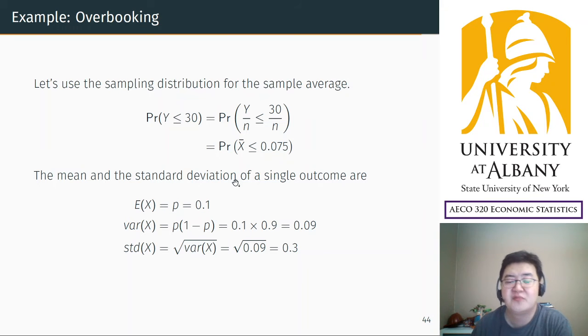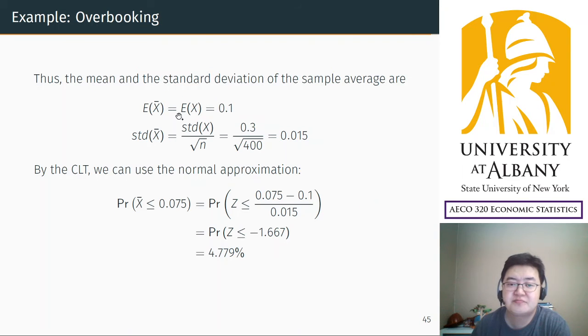And then to calculate this probability, we need the mean and the standard deviation, and then use them here. Subtract the mean, divide by the standard deviation. Then the 7.5%, the 0.075, is standardized to minus 1.667, right?